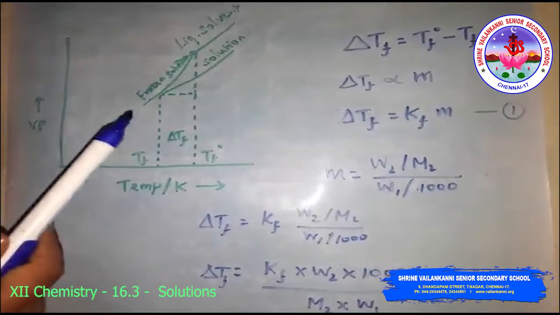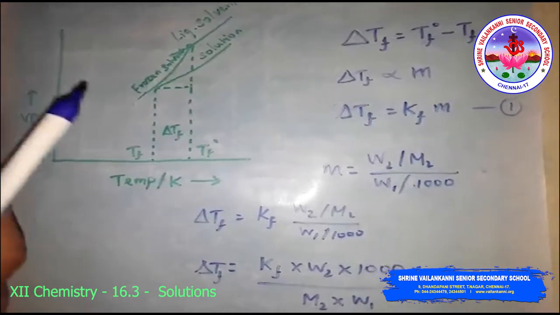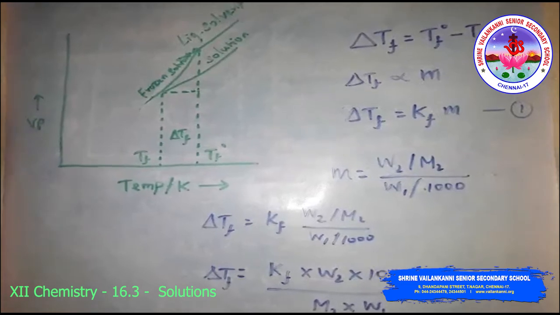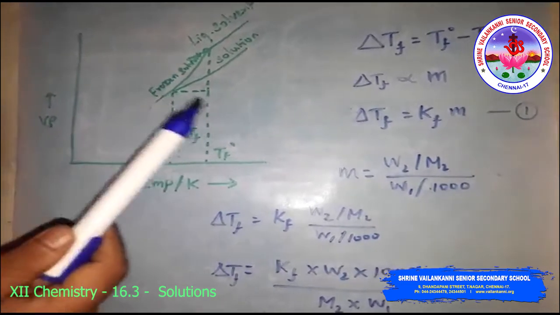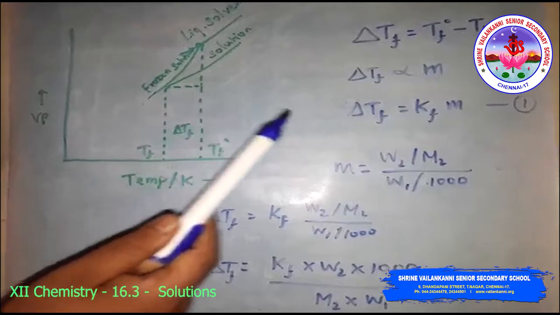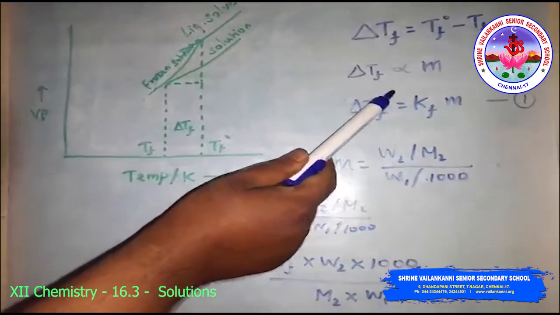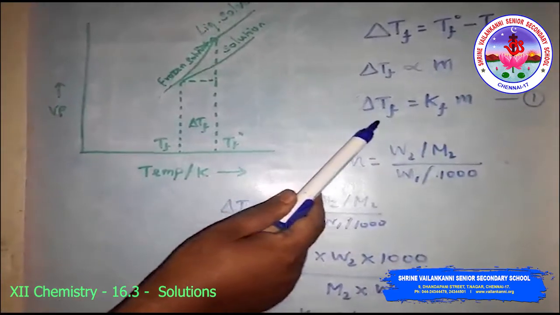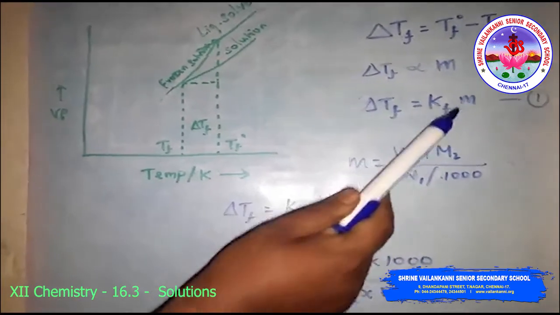Similar to the elevation of the boiling point, the depression of freezing point for a dilute, ideal solution is directly proportional to the molality m of the solution. Delta Tf is directly proportional to m, so we can write delta Tf is equal to Kf into m.